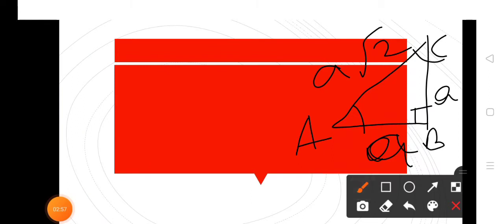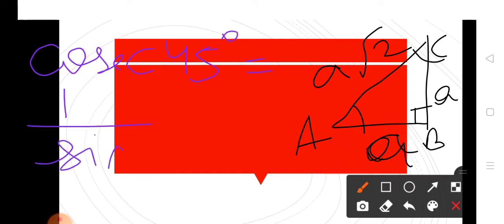Now after finding these three, we know that cosec theta is the reciprocal of sine theta. 1 by sine 45 degree. Sine 45 degree was 1 by root 2. So root 2 comes above in the answer.